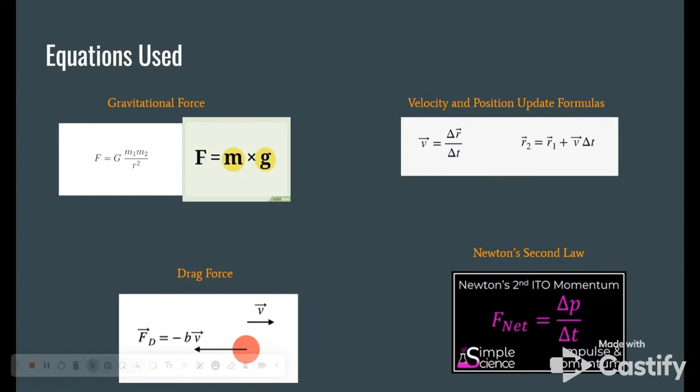So our equations were the gravitational force equation, which is m times g, and the outer space gravitational force equation as well. And then our drag force, which is negative b times the vector of velocity. And then obviously our velocity and position update formulas, as well as Newton's second law, which is change in p over change in t, which is change in momentum over change in time.